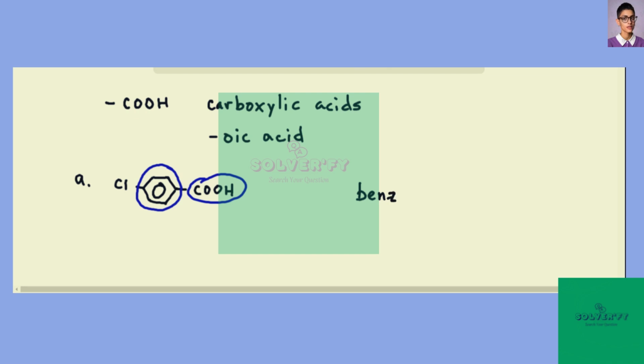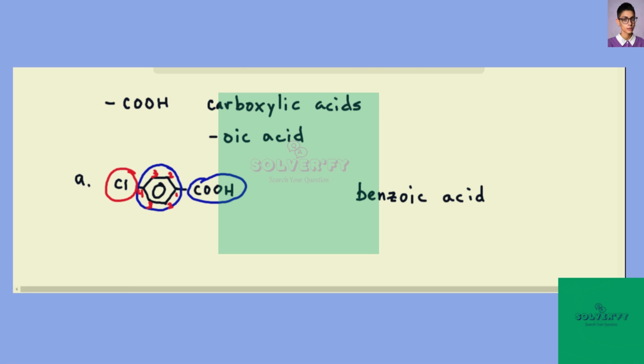But we're not done yet because we still need to name the chlorine group that we see here. If the carboxylic group is attached to the first carbon in the ring, the chlorine is attached to carbon number 4 in the ring. Regardless of which way we number going around this ring, it's still going to be on carbon number 4.